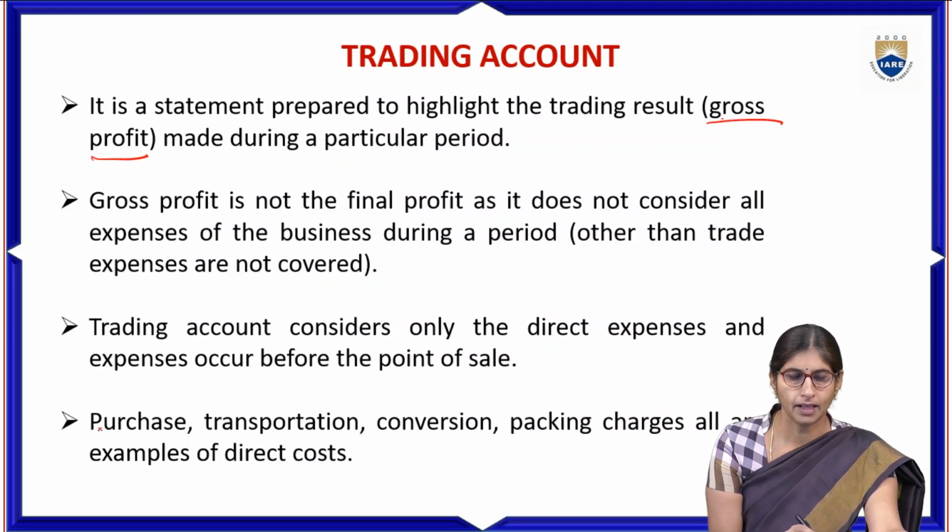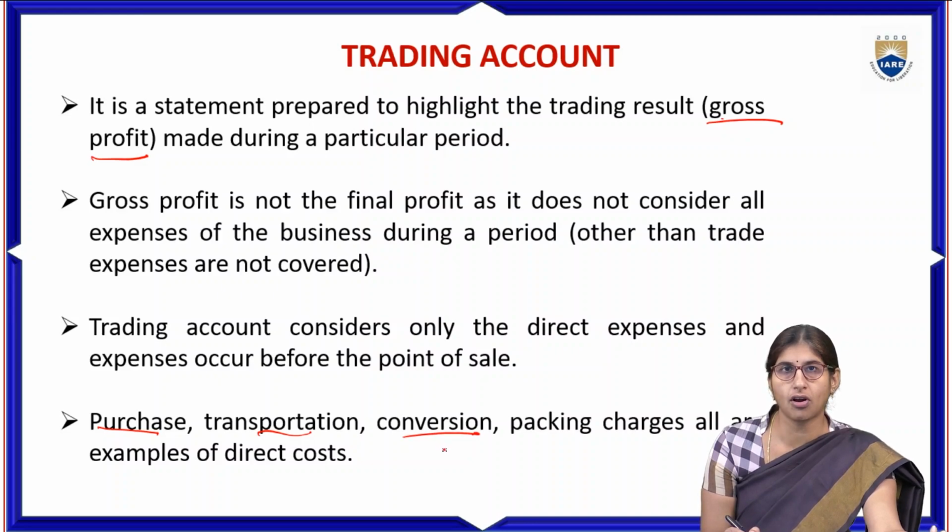come under purchases, transportation costs for purchasing the raw material or purchasing some goods for the organization or for the factory, and conversion of the raw material into finished product. For that we are also incurring some cost per unit.